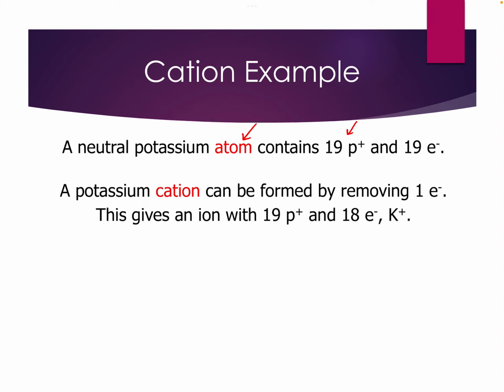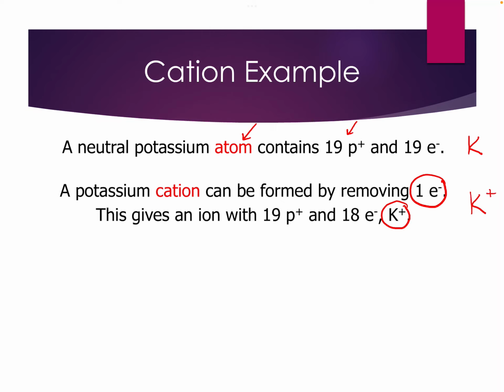To form the cation, we will actually remove one electron. Then we have 19 protons and only 18 electrons. So we have one extra proton. So it makes the formula K+. So our neutral potassium was just K, but if it's a cation, it becomes K+.